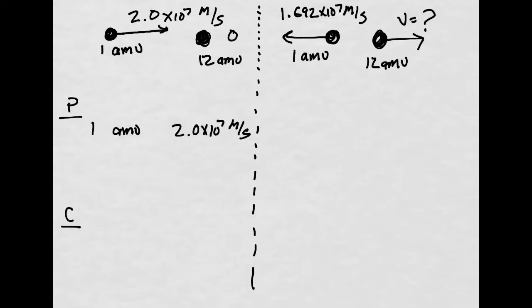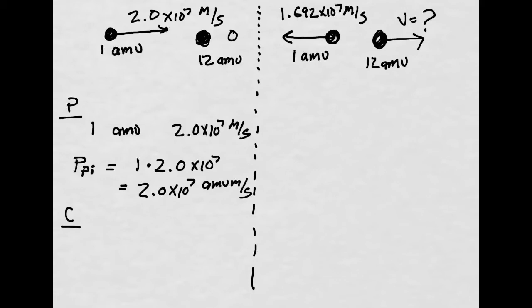In order to get its momentum, we're going to call it P of the proton initially, is equal to 1 times 2.0 times 10 to the 7, which is 2.0 times 10 to the 7, and our units are AMU meters per second.